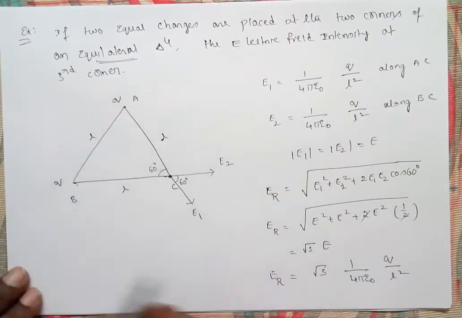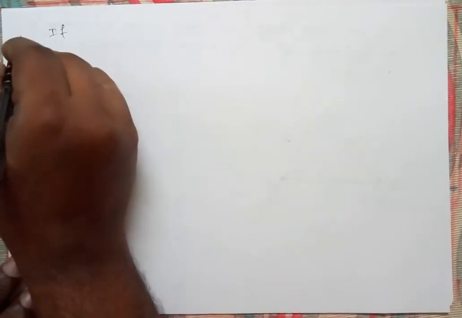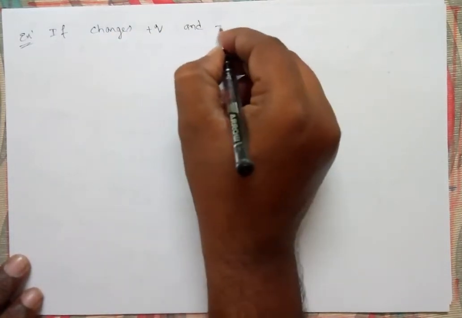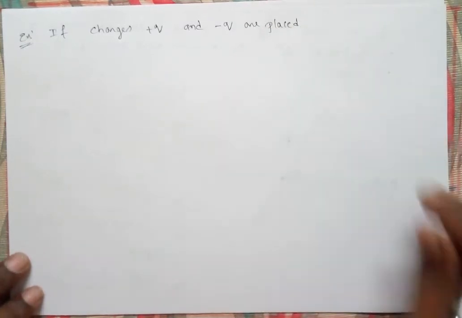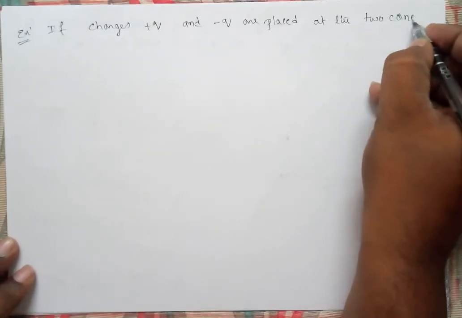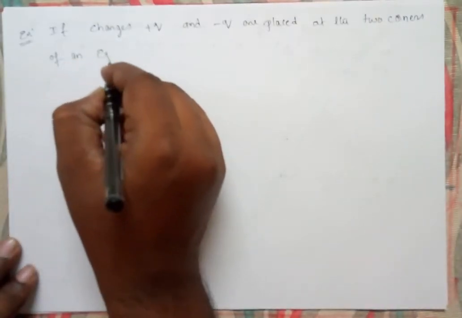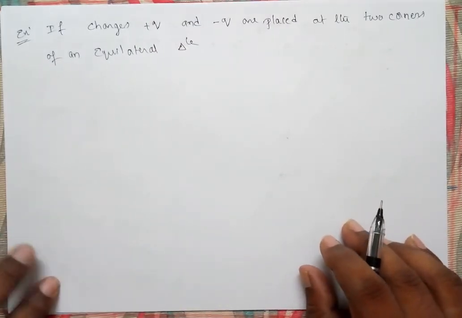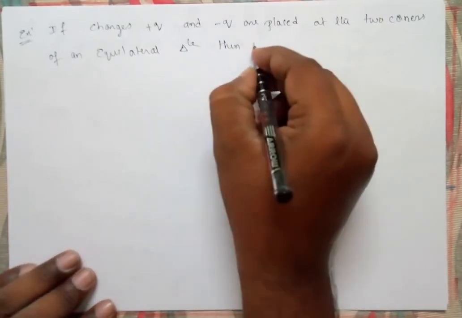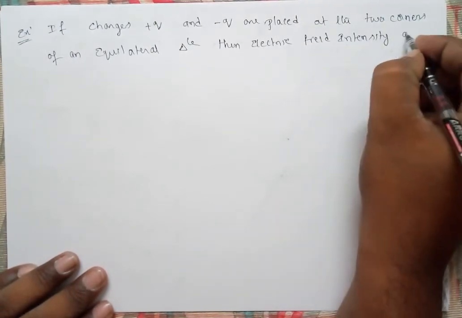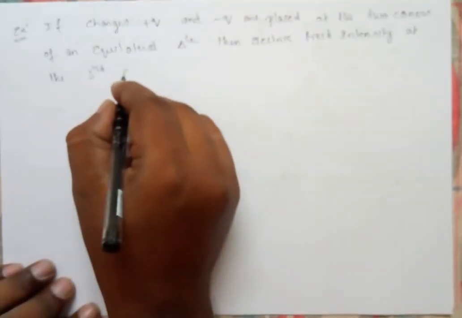Suppose one of the charges is negative. If charges plus Q and minus Q are placed at two corners of an equilateral triangle, then what is the electric field intensity at the third corner?